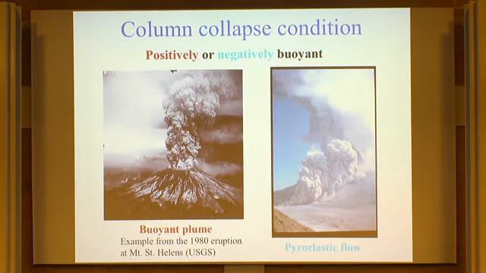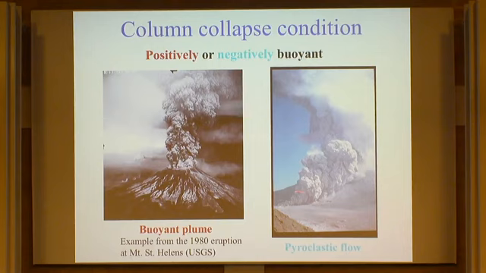And the first topic is the ground collapse condition. During explosive eruption, the eruption cloud becomes a buoyant plume like this, or pyroclastic flow like this, according as it is positively or negatively buoyant. So the first topic is concerned with the condition that separates these two eruption styles.